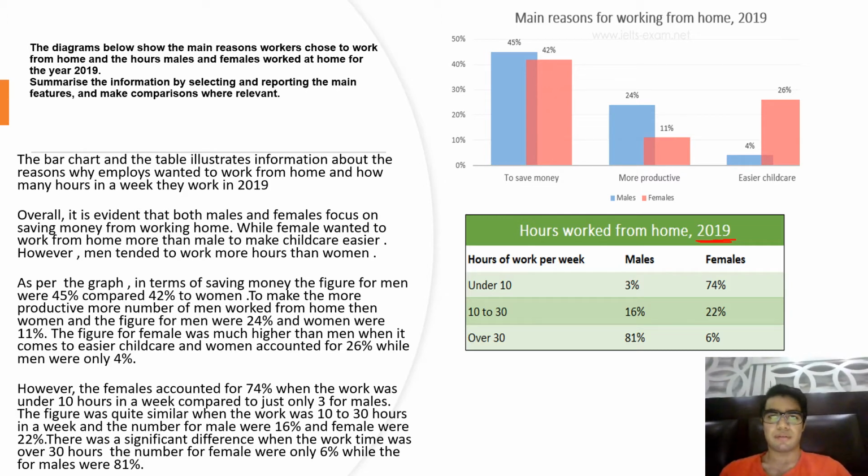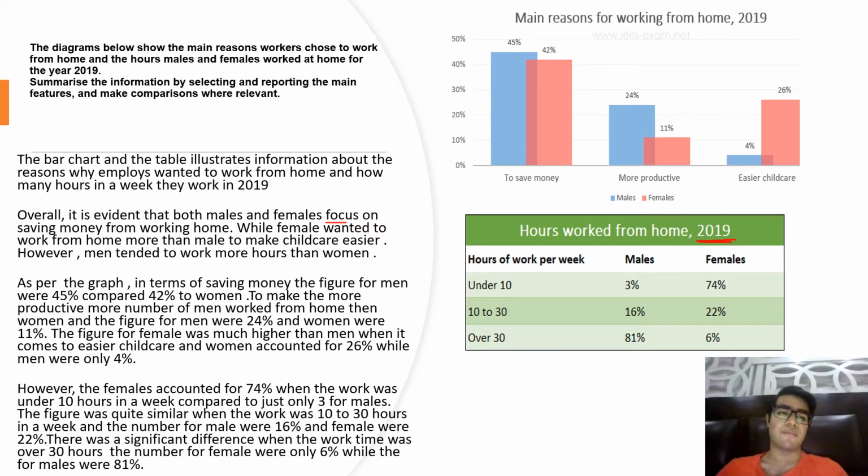However, there are some grammatical mistakes in tenses and stuff like that. So he said overall it is evident. This is a really good starter, I mean. He wrote overall it is evident that both males and females focus on saving money from working home. First of all, this word is incorrect, focus, because we are talking about the past tense. You should use focused.